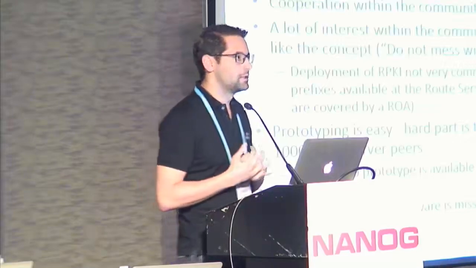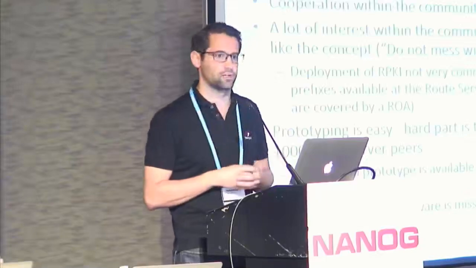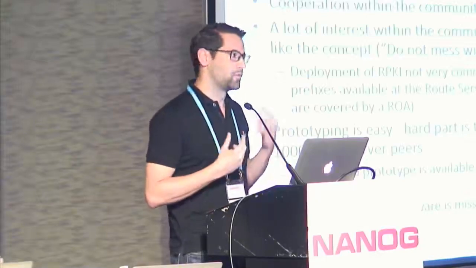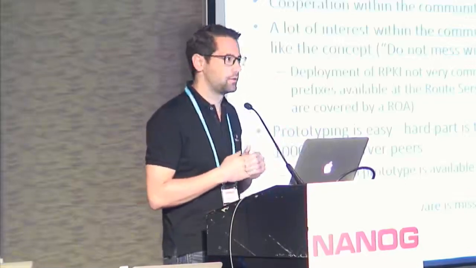For us, the prototyping part was very easy: we could just take a piece of software, implement it and use the RIPE NCC validator and the RTRlib, so tools which are actually there. The issue now is to bring it to production, because we talked to the RIPE guys, for instance, and they asked, okay, but you're not seriously using it for production?